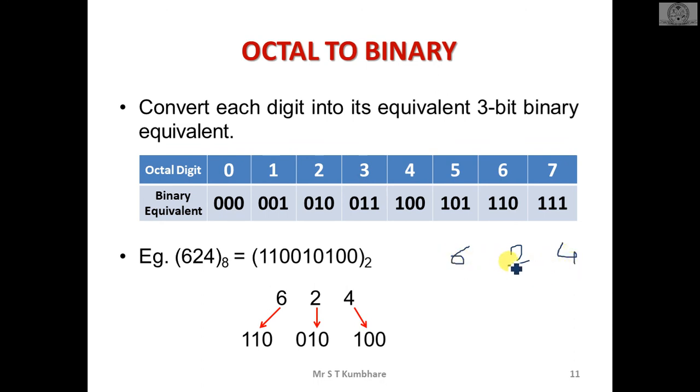Now you have to represent these digits in equivalent binary code. So how will you do it? You have to represent the binary equivalent of each digit. For that you need to remember this table, but there is no need to.